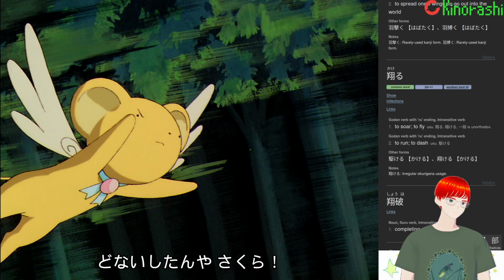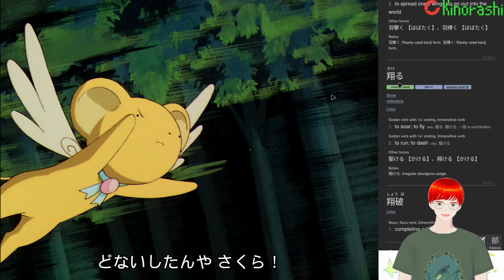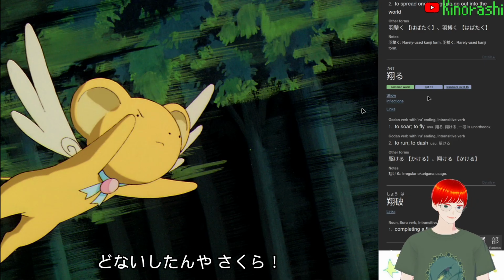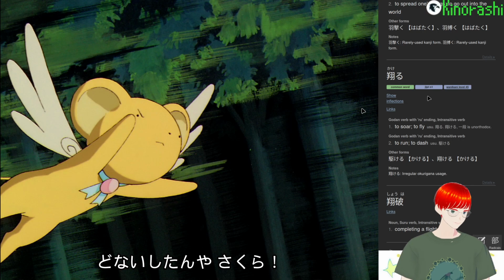Explain the grammar of why it is past tense. Donai shitanya is the Kansai dialect variant of nani o shitan desu ka, or do shitan da, meaning what happened or what's wrong.